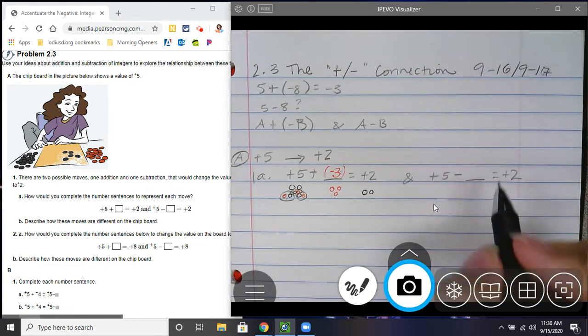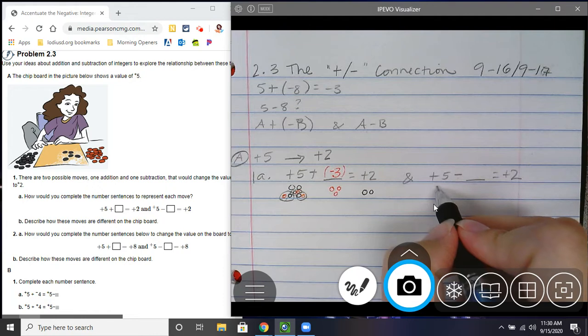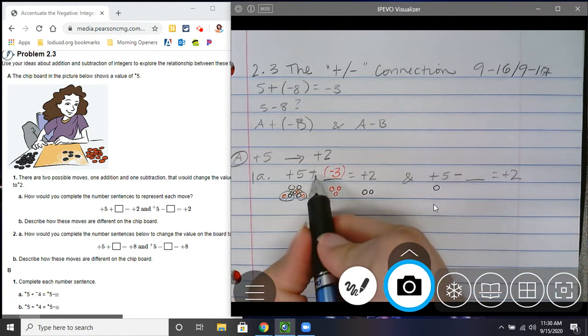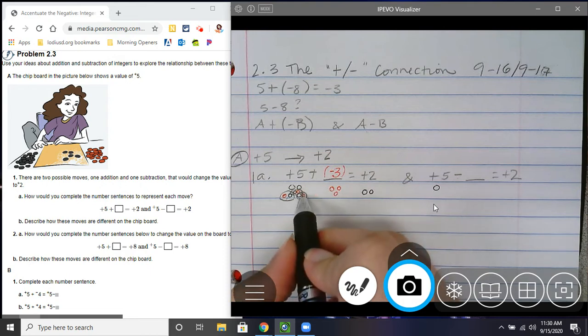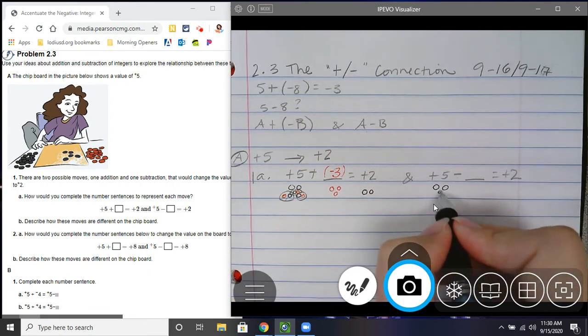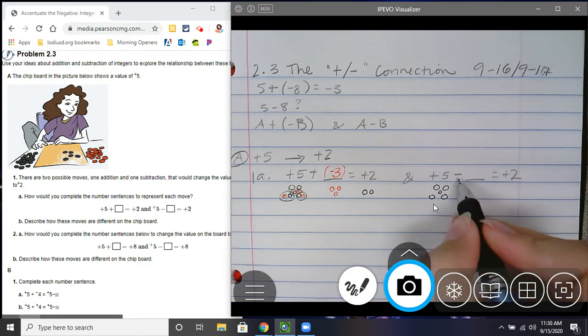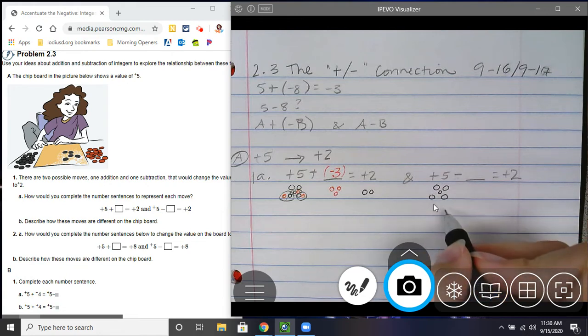But over here, because we're adding red chips, right? That's what's happening here. We're adding red chips. But if we are subtracting now, we are taking away.